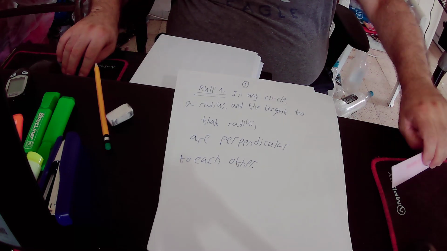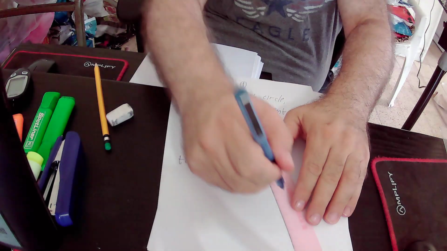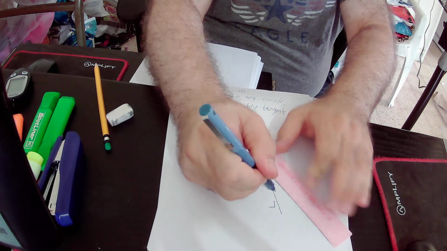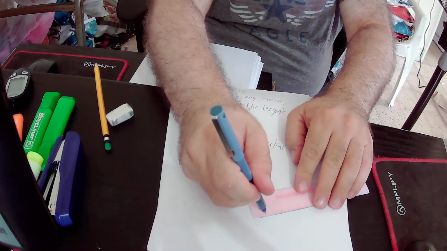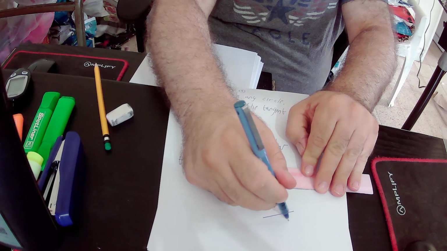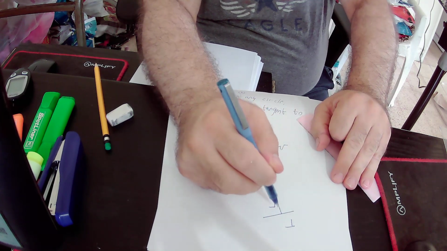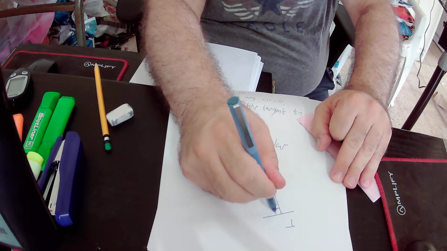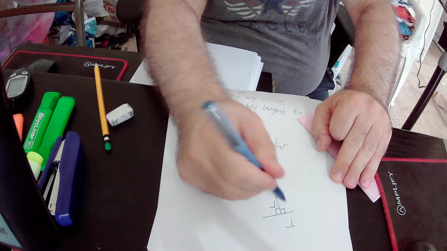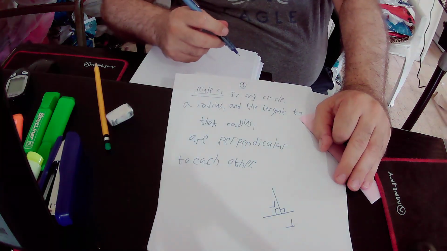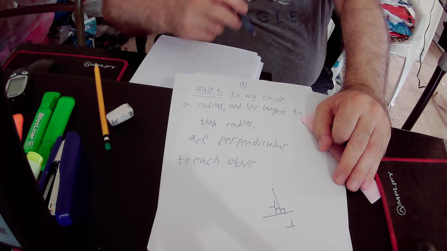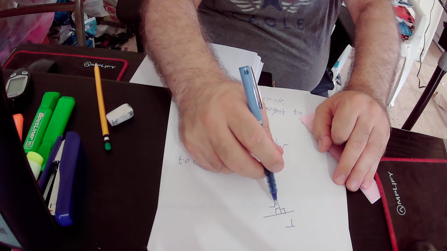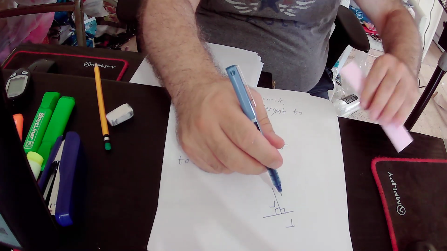So actually, if we have a radius, let's call it R, and if we have a tangent to that radius, let's call it T, then the radius is perpendicular to its tangent T. That is to say, this angle equals 90 degrees and this angle also equals 90 degrees. So in any circle, a radius and the tangent to that radius are perpendicular to each other. Okay, for that reason this angle is 90 degrees and also this angle is 90 degrees.